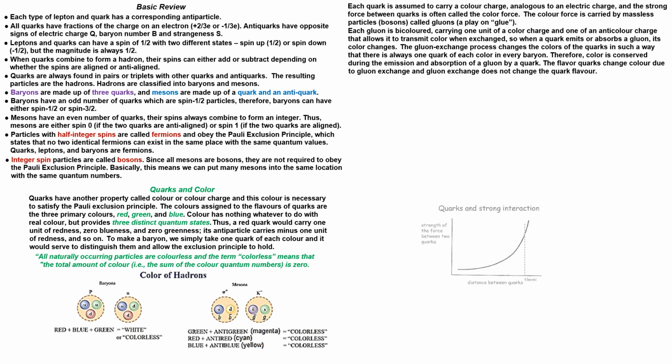The graph illustrates the behavior of the color force between two quarks. At short distance, about 0.3 Fermi, the force between quarks is very weak. On the other hand, at larger distance, about 1 Fermi, the force between quarks is very large. The reason why an individual quark has never been observed is the enormous amount of energy that would be needed to rip it from within a hadron.